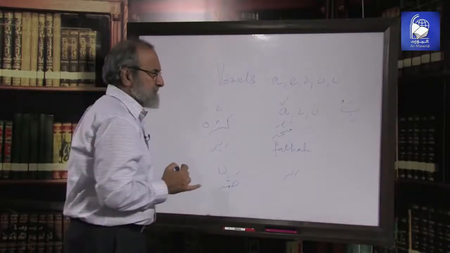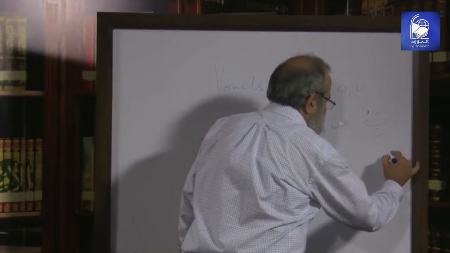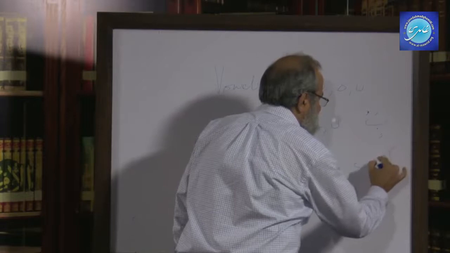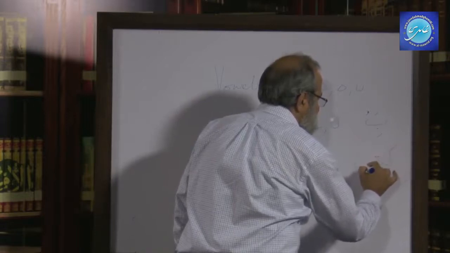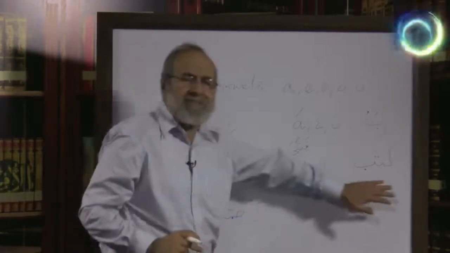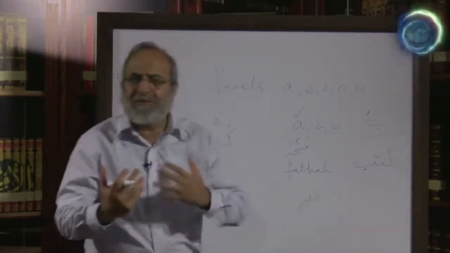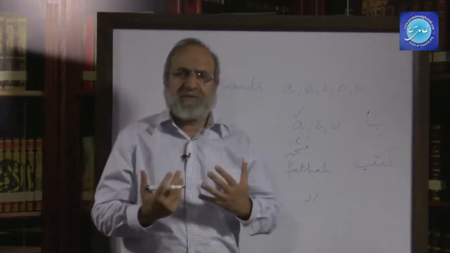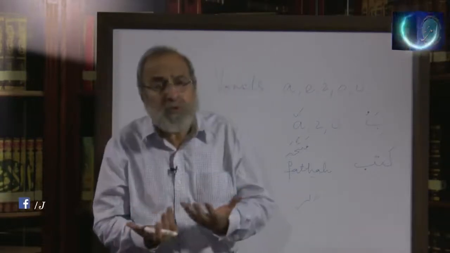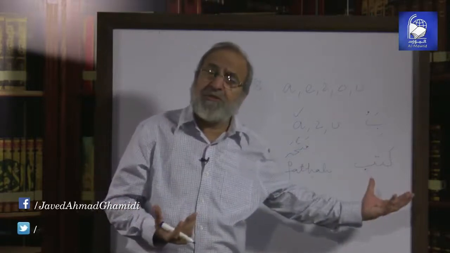So, for example, if I was to write ka, ta, ba. Now, this is an Arabic word, but if you're not familiar with Arabic, you would not be able to read it properly because you don't know what vowels are used in this particular word.